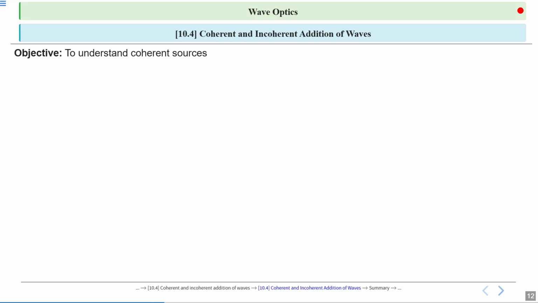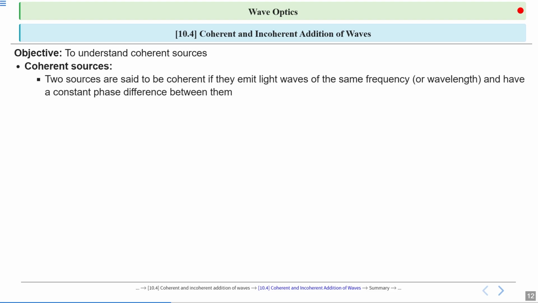So to understand coherent sources, what are coherent sources? Two sources are said to be coherent if they emit light waves of the same frequency and have a constant phase difference between them, either zero phase difference or constant phase difference with time.